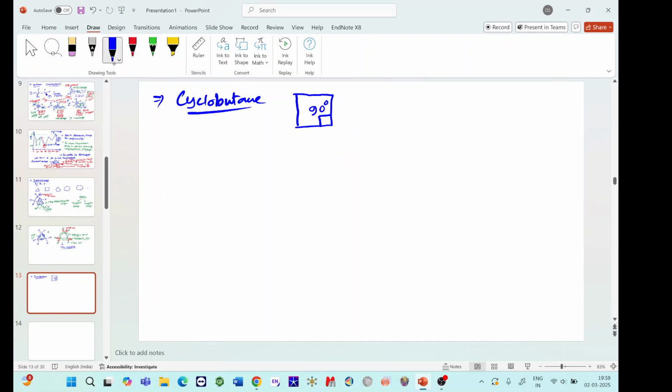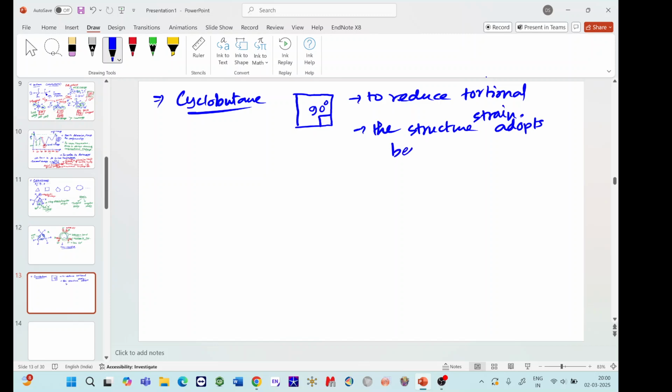And to reduce torsional strain, the structure adopts bending, how they are bent.